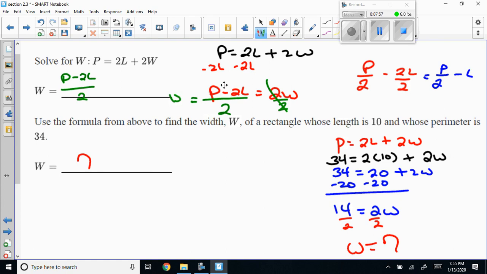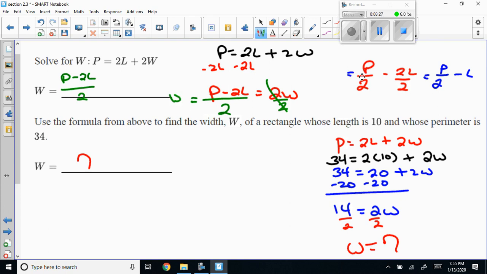Because this 2 is not only under the 2L, it's also under the P. So because it's inside of an equation, you can't simplify out the equation. If you've got a denominator over more than one thing tied together by addition or subtraction, then that denominator goes for each part. We say term, right? So this 2 goes to this P as well as this negative 2L, right? That's how I wrote it here.